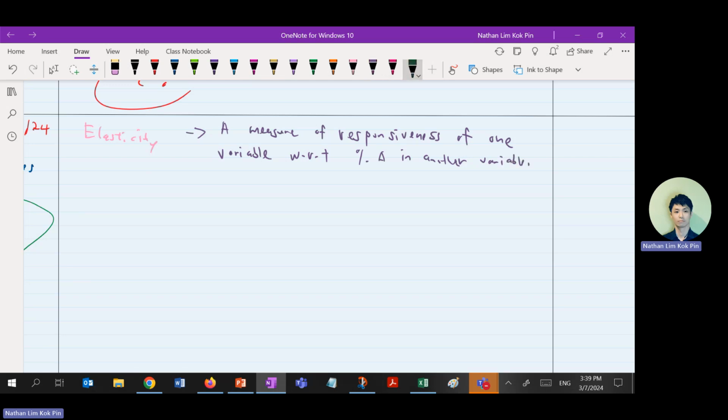If we are referring to PED, it refers to a measure of responsiveness of what?